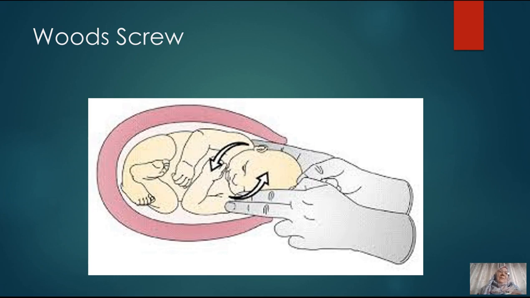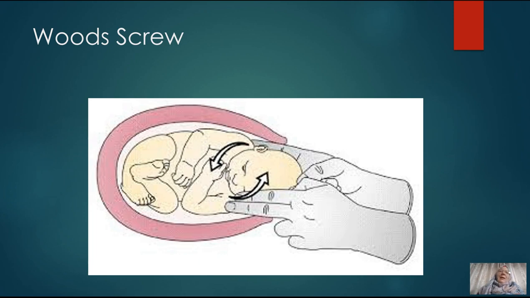So you do the Rubin maneuver together with the pushing onto the posterior shoulder and try to move this baby around this way, and if it works, once you've dislodged the baby, you can move it 180 degrees and then deliver it that way.